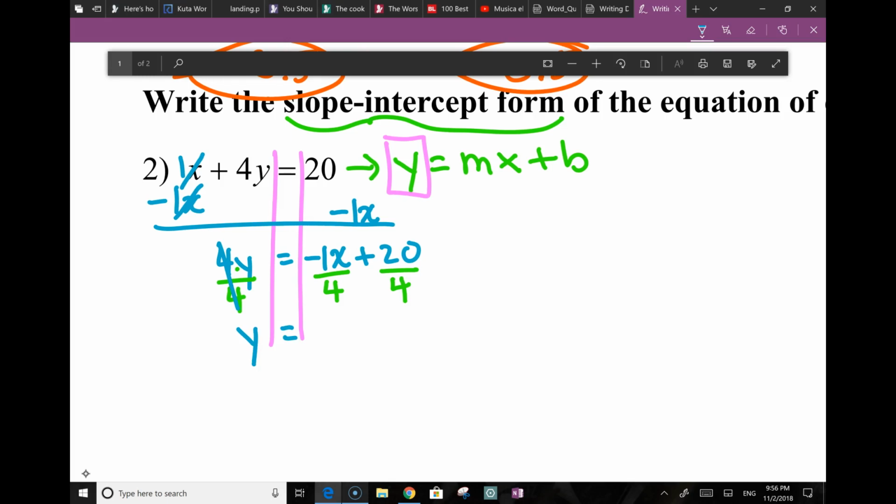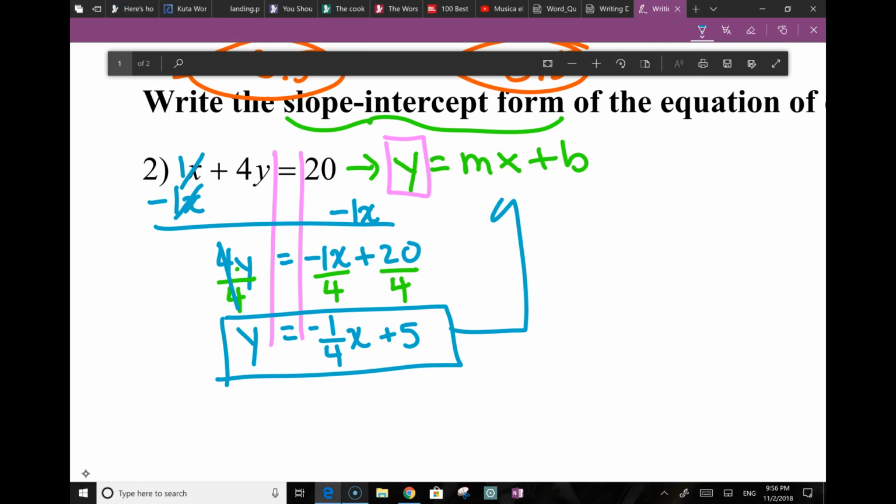There's my y by itself. Negative 1x over 4 simply becomes negative 1 over 4x. And remember, that negative could be on the 4, it could be on the 1, doesn't matter. 20 divided by 4 is 5. And just like that, that's slope-intercept form. So you can see there is a good match to that form there.